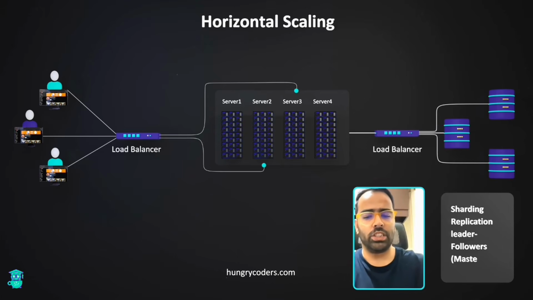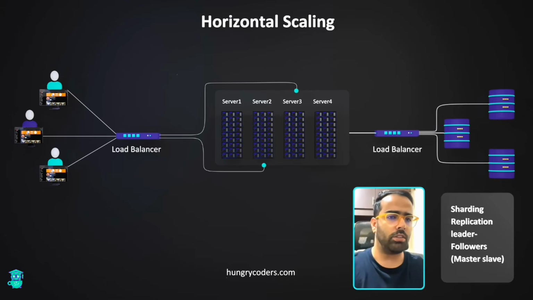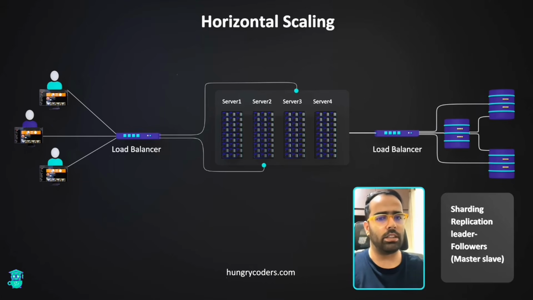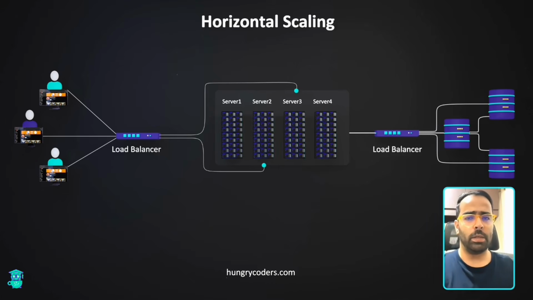Whatever write operation happens, it will happen on the master or leader, and then the data replication happens between them. All the write operations go here and then get replicated, and replication can be asynchronous or synchronous. I will make a separate video on sharding and replication. Now, we have more than one server at the application level, more than one server at the database level, and load balancers in between.